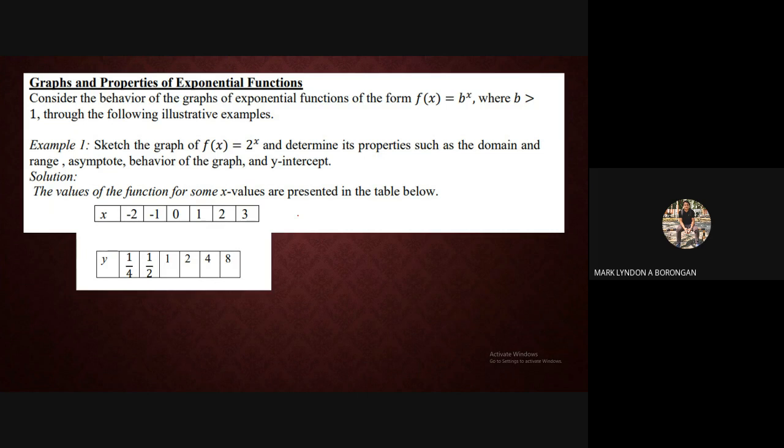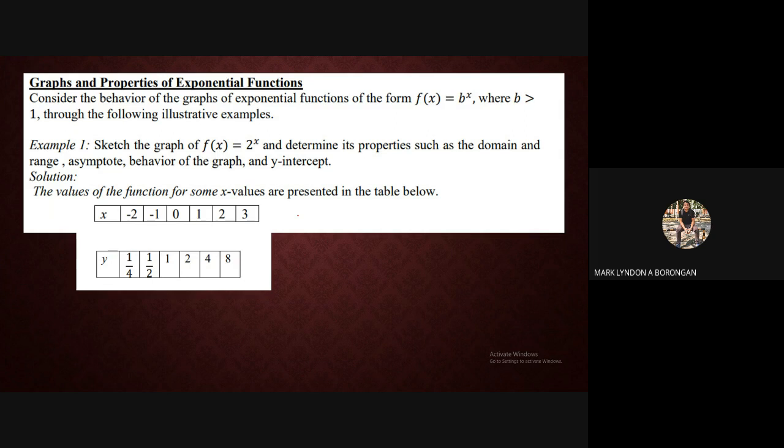Okay. For example 1, sketch the graph of f of x is equal to 2 to the power of x and determine its properties such as the domain and range, asymptote, behavior of the graph, and y-intercept. So, unsa man na siya? So, atong buhaton dari is just simply substitute the values sa given nga function.